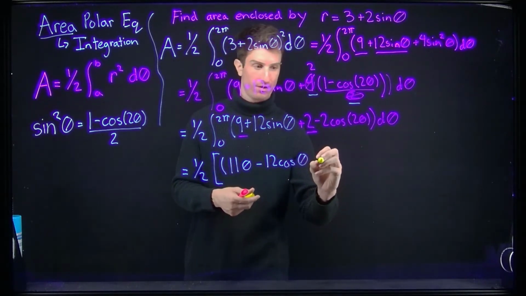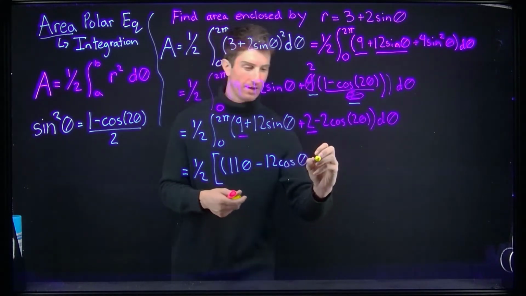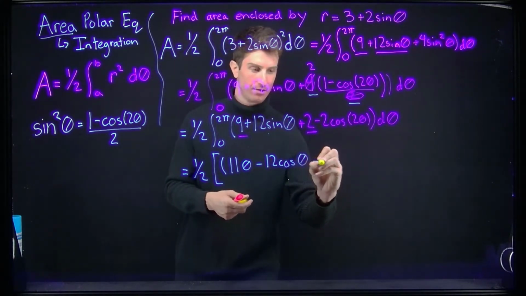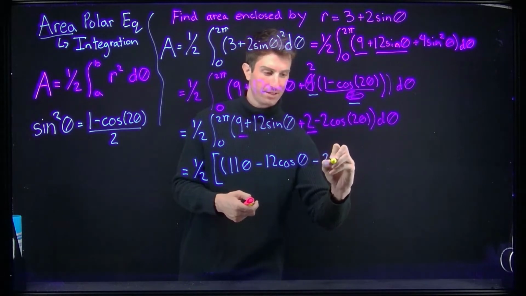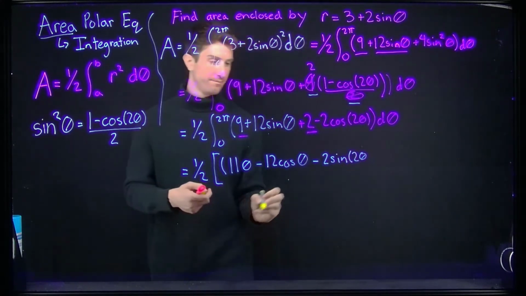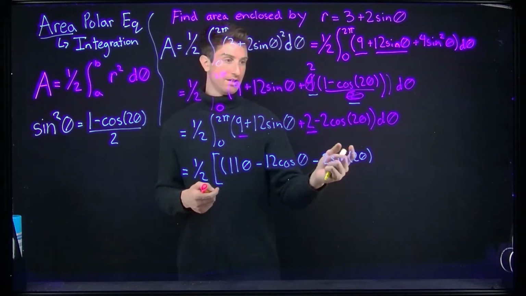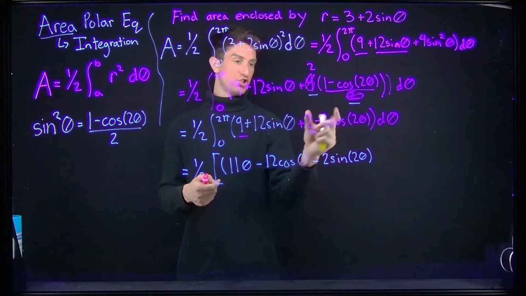Comes from a negative sine, right? So we have minus, yep, this is fine, minus 2 sine of 2 theta all over, right? Now we need to do something like a reverse chain rule.